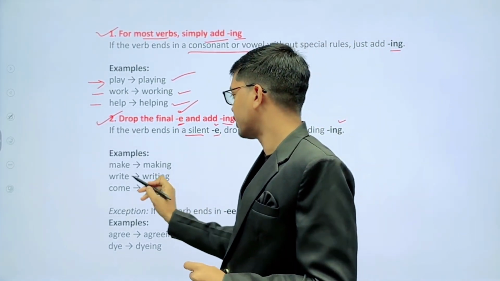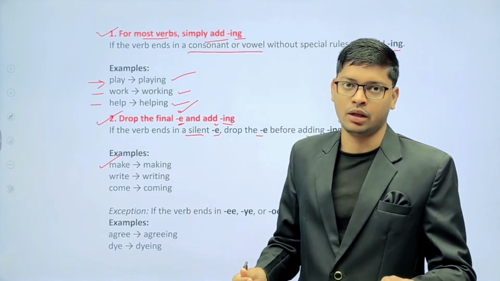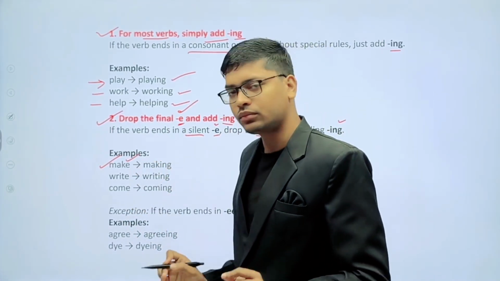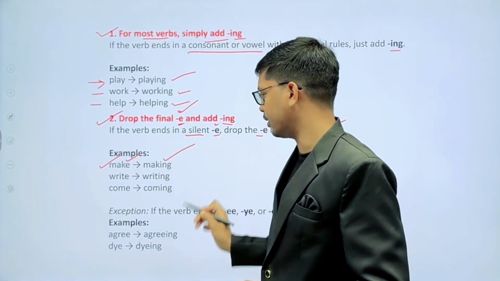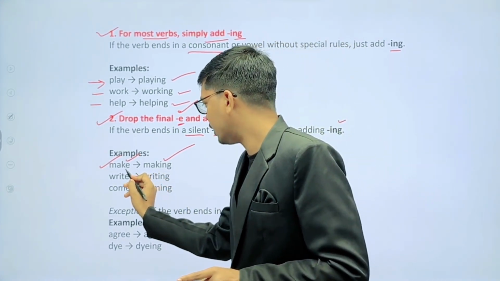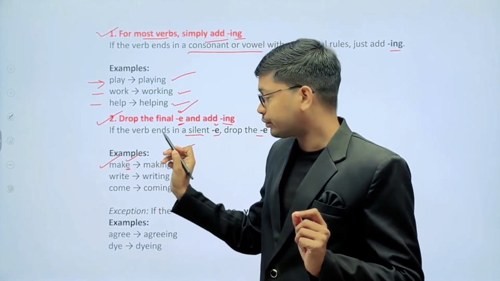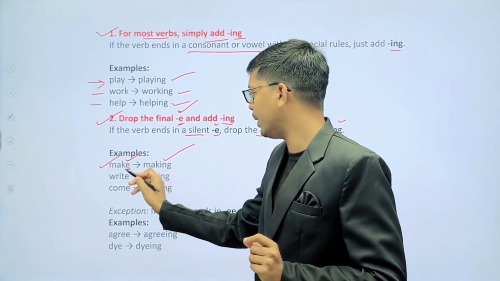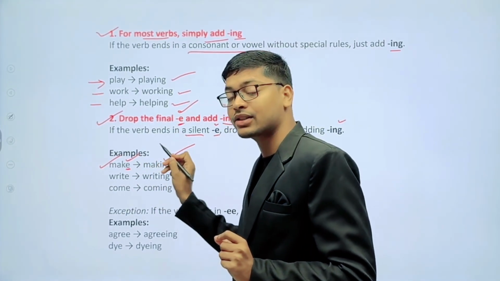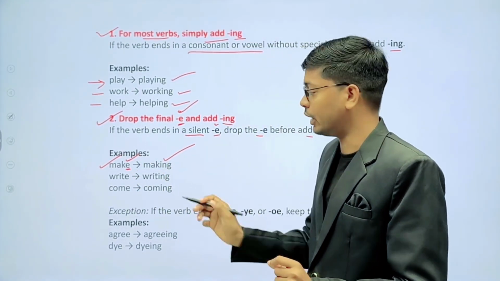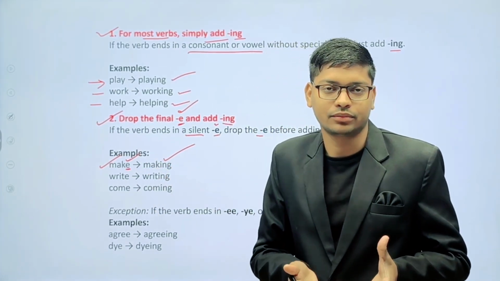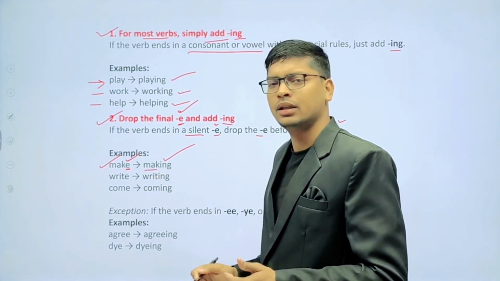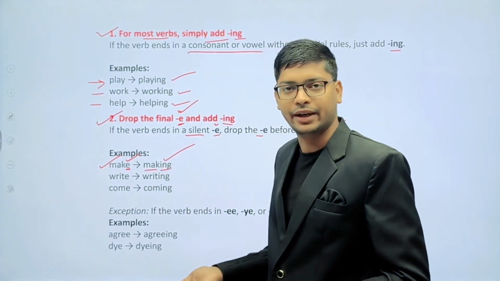For example, make. If you want to add ing to make, it becomes making. Make ends in a silent e, so we drop the e, then add ing.